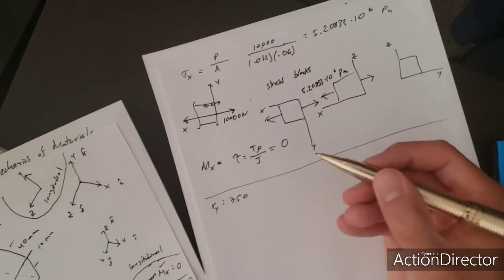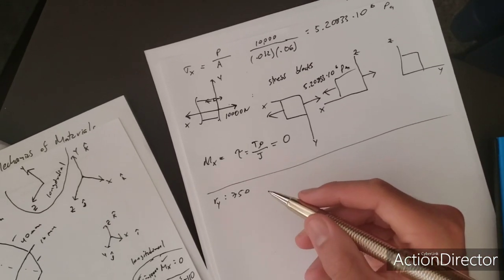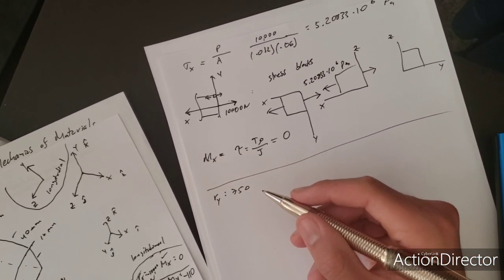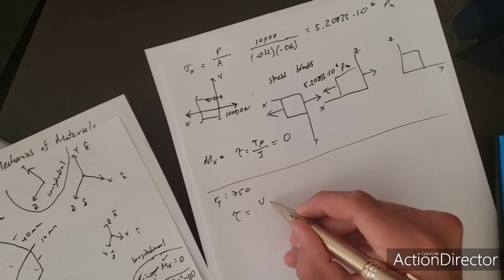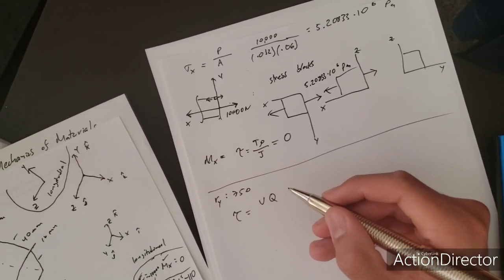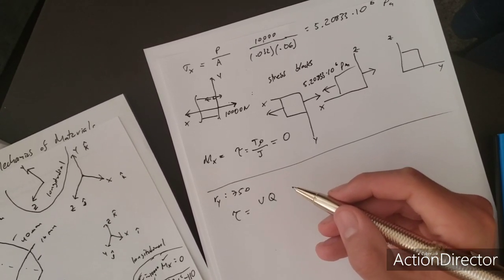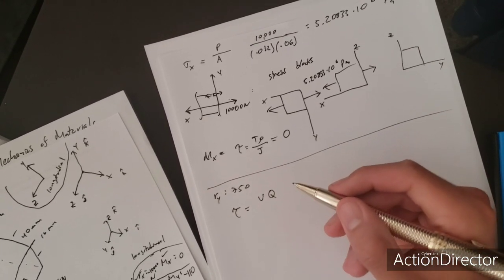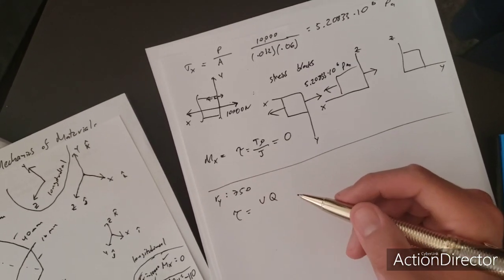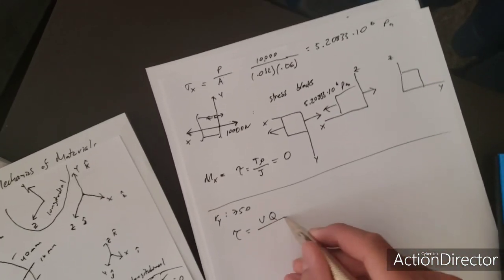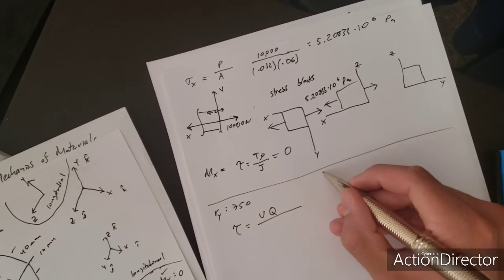stress here. So what is the formula for transverse shear? Well, it's just tau equals the shear force times Q, over I t, where Q is the first moment of area, and it's just a measure of the distribution of the area about the neutral axis. And how do you find Q?